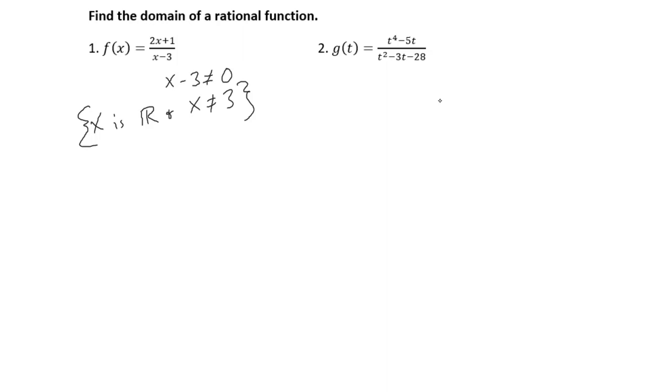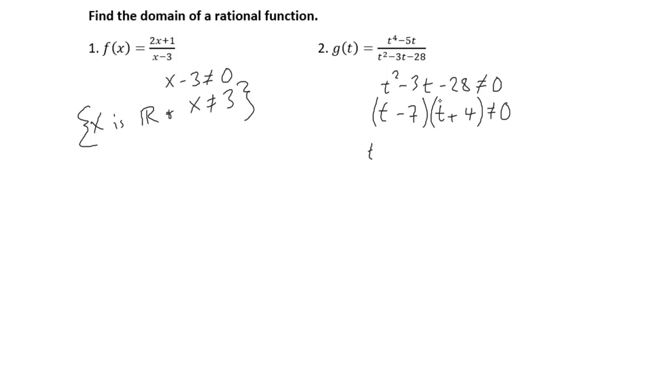So here we're going to set the denominator equal to 0. t squared minus 3t minus 28 should not equal 0. And this is a quadratic, so we're going to do that one by factoring. Two numbers that multiply to give you negative 28 and add to give you negative 3 would be negative 7 and positive 4.